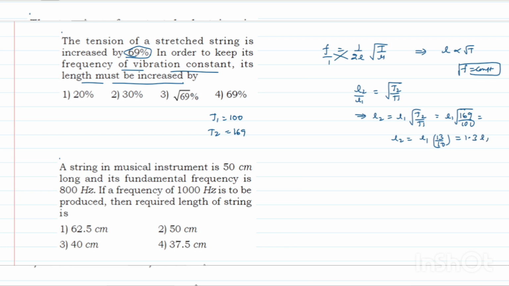Means, suppose initial length is L1, then L2 equals L1 plus 30% of L1. So it's 1.3, and 0.3 times it is exceeding. In terms of percentage, it is going to increase by 30%. So L2 is going to be increased by this 30%.